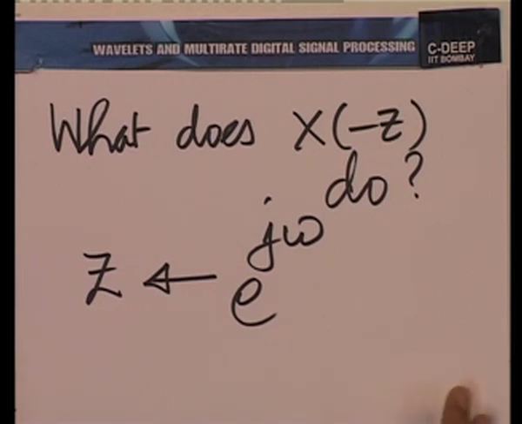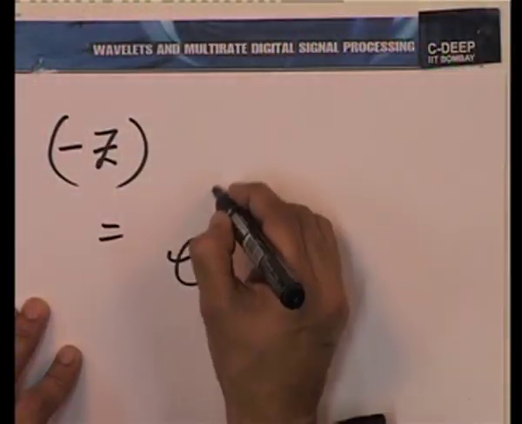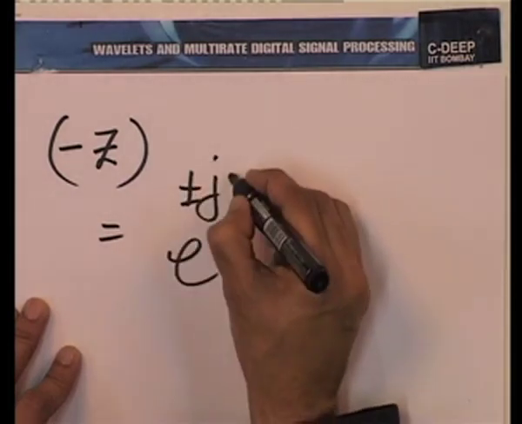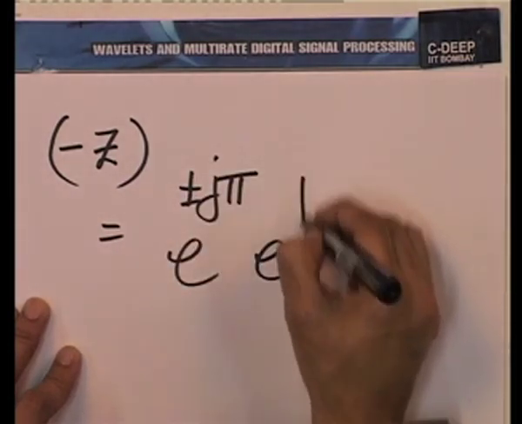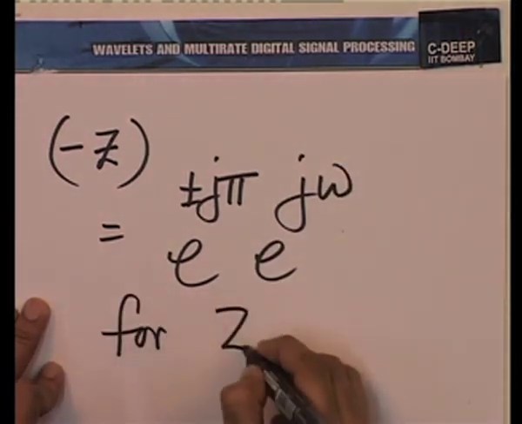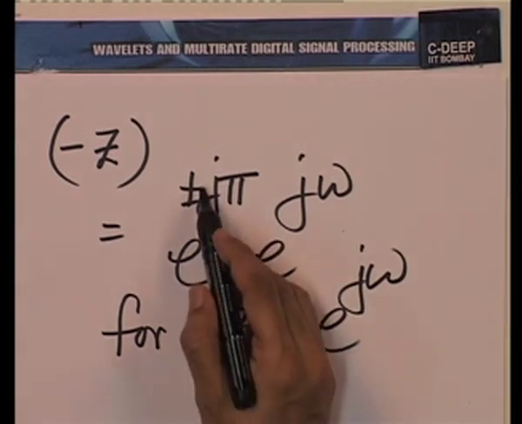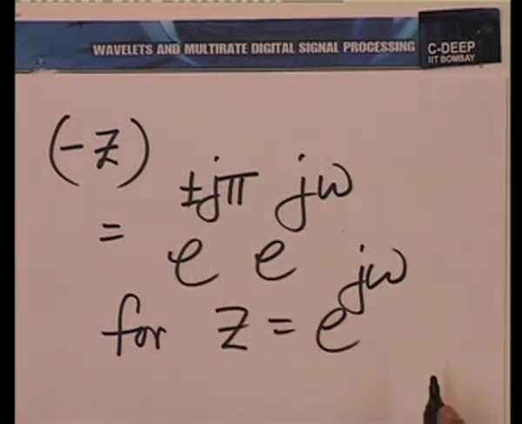Now, when you replace z by -z, you are replacing e raised to the power j omega by, well, -z is e raised to the power plus or minus j pi times e raised to the power j omega, for z equal to e raised to the power j omega. Recall that e raised to the power plus or minus j pi is -1.